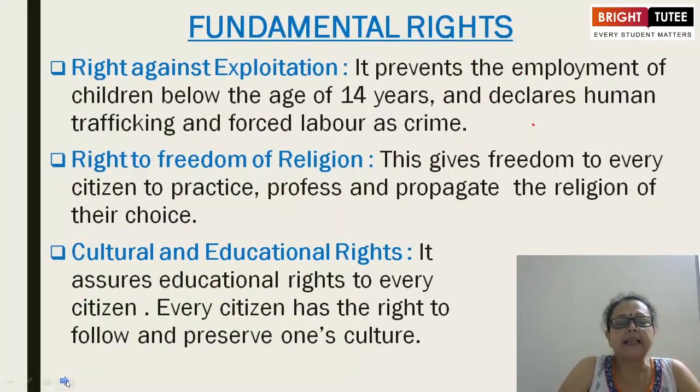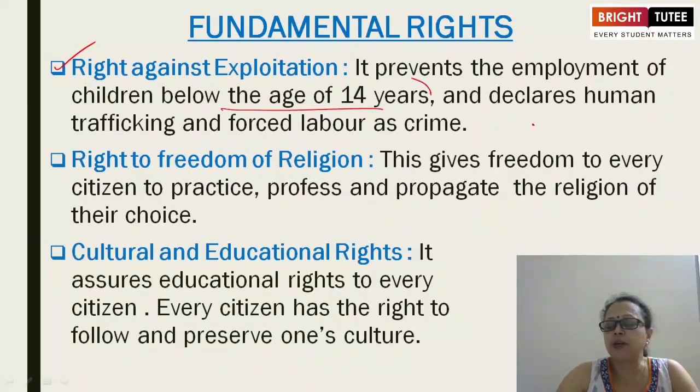The next right is known as the right against exploitation. Not to exploit anyone, whether on the basis of gender differentiation. So what are the provisions under this right? It prevents the employment of children below the age of 14 years.